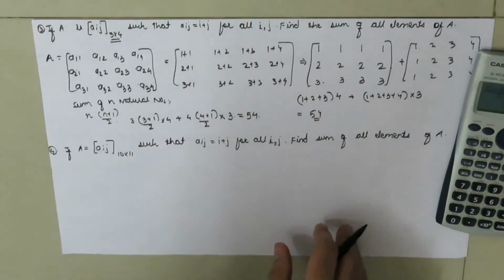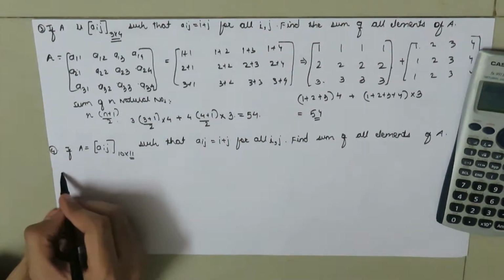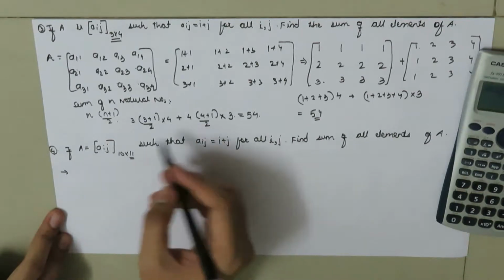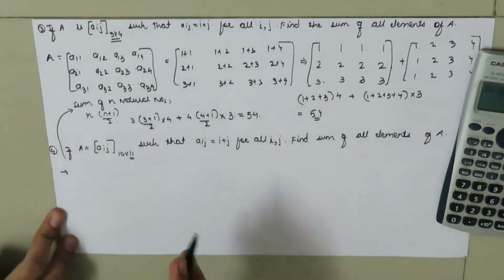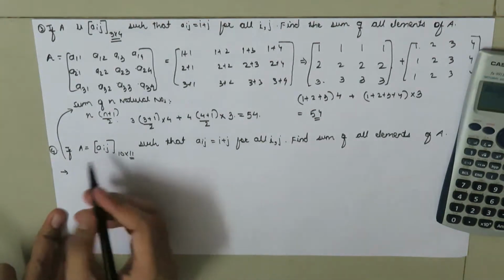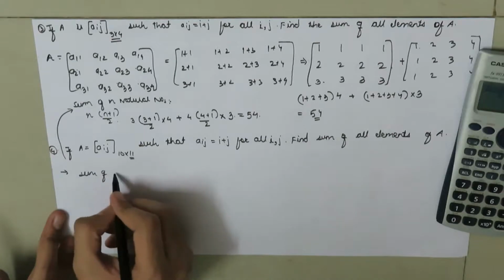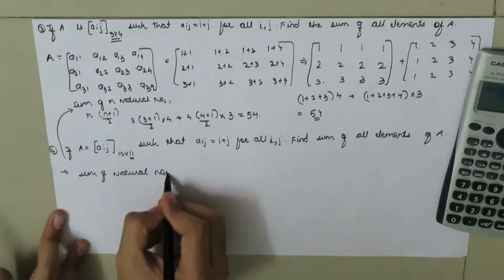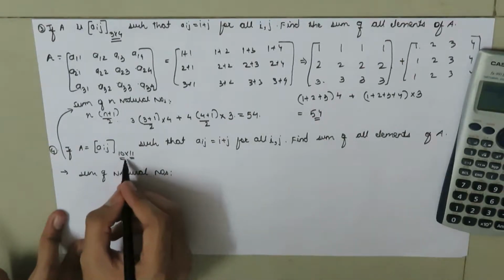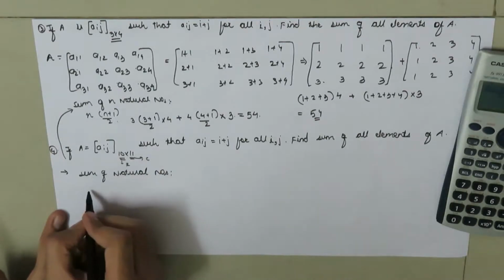So let's see another example which has 10 rows and 11 columns. In this case, if we approach this method, then it is going to take a very long time. So if we make use of the sum of natural numbers, we know that these are our rows, these are our columns.